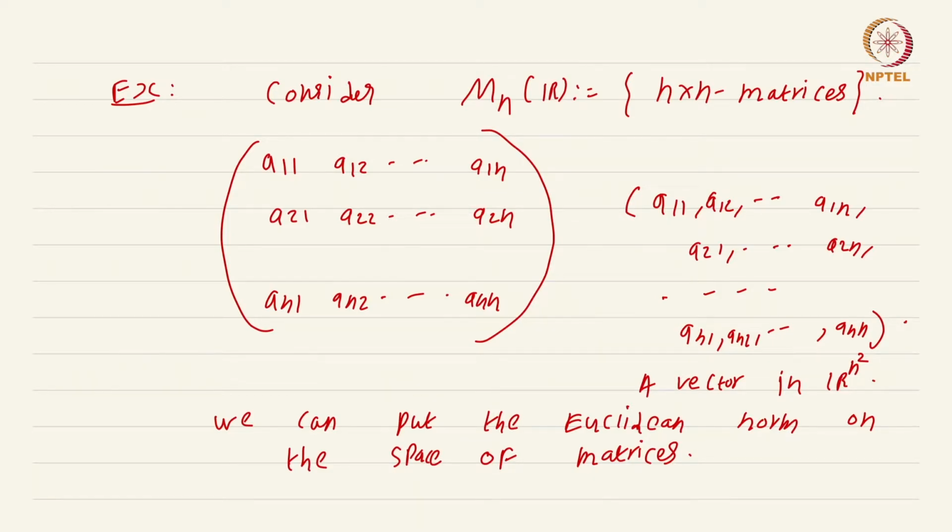But there is another viewpoint that we can take. Any n cross n matrix defines a linear transformation on R^n. Of course, I'm going to view the matrix as being represented in the standard basis.